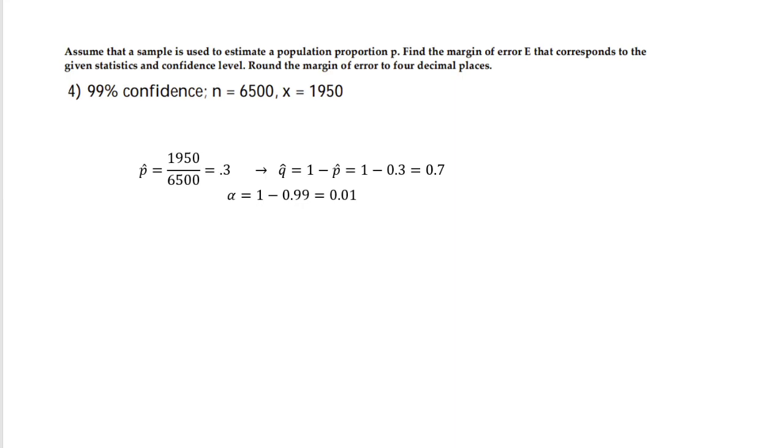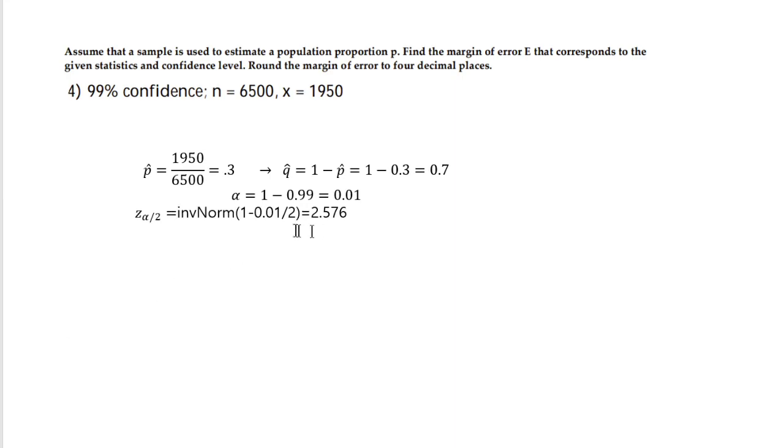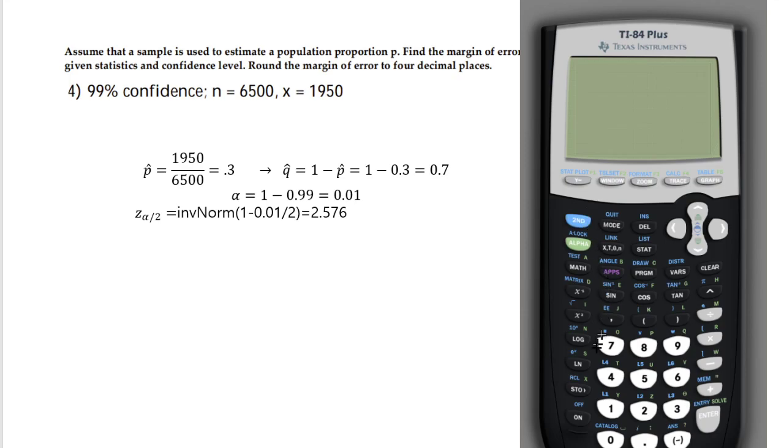And then you again use the inverse norm of 1 minus 0.01 over 2. Let me just check that again. So you go to second vars, and then you use the inverse norm to find the critical value.